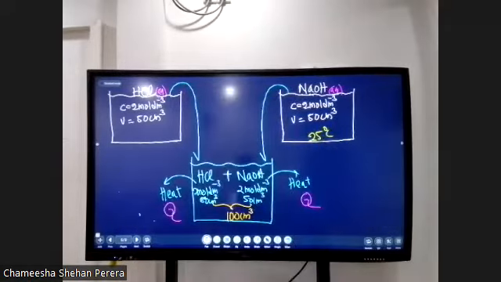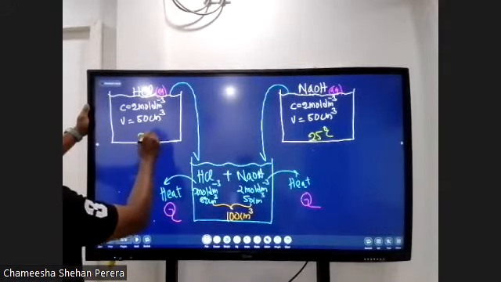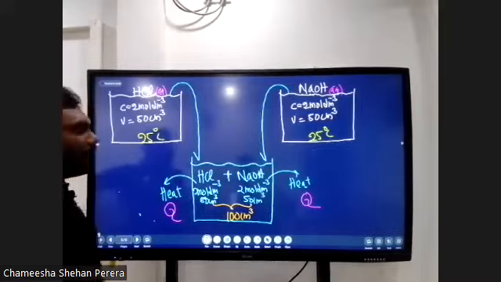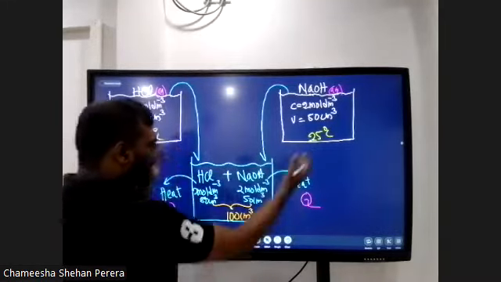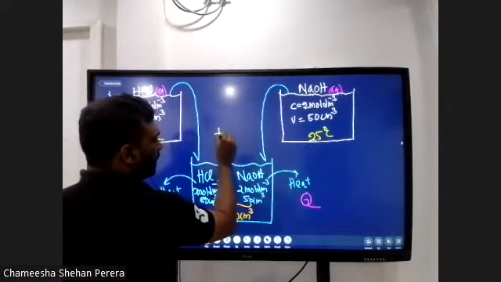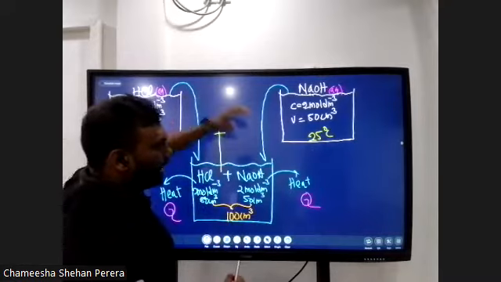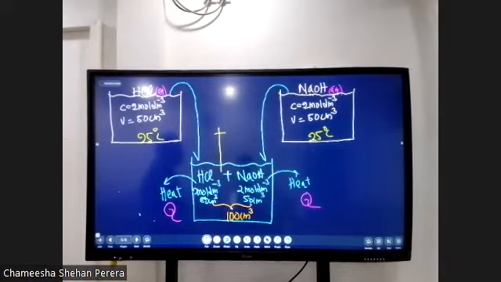Here they have the initial temperature, which is 25 degrees Celsius. When they react, if it is an exothermic reaction, what should happen to the temperature here? It should go higher than these two or not?